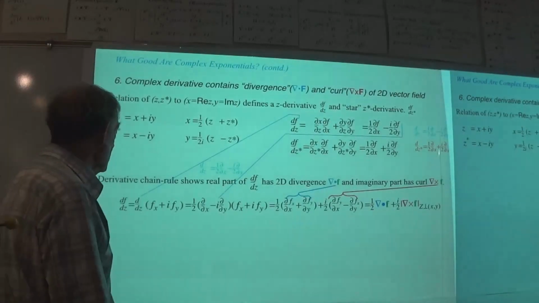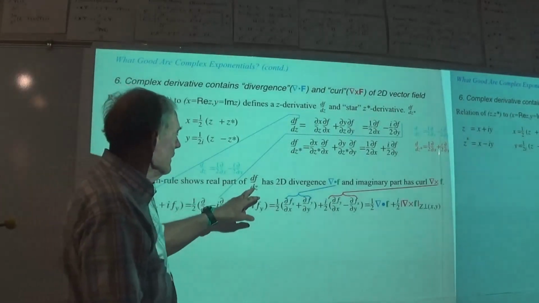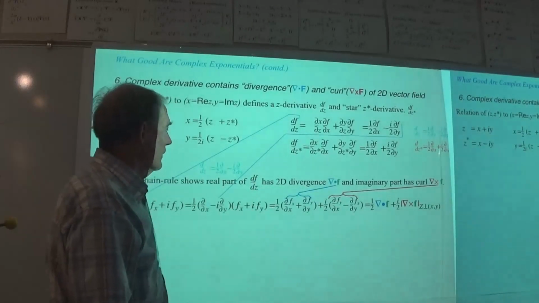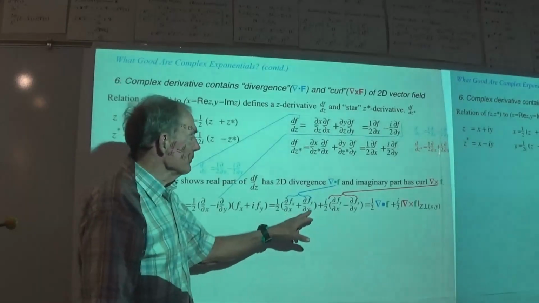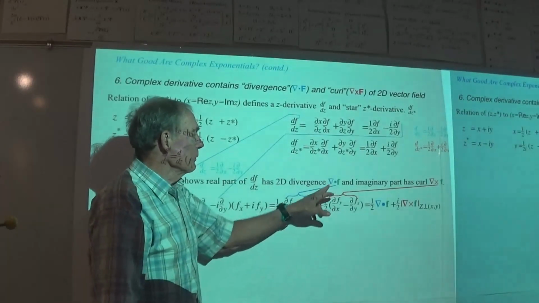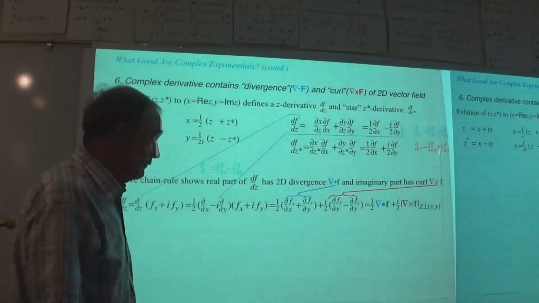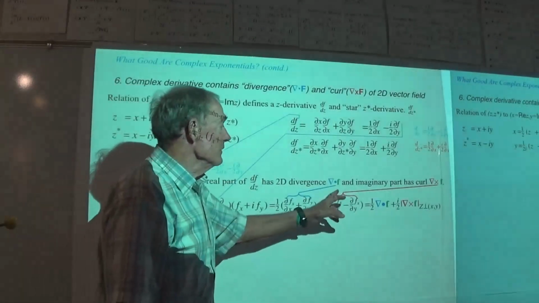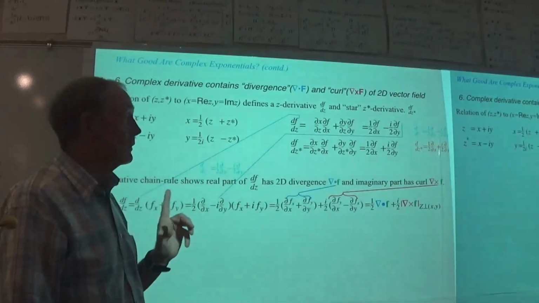So when we look at, say, the real part of this derivative function, the first component is what we call the divergence. And then the imaginary part is one of the three components of the curl.